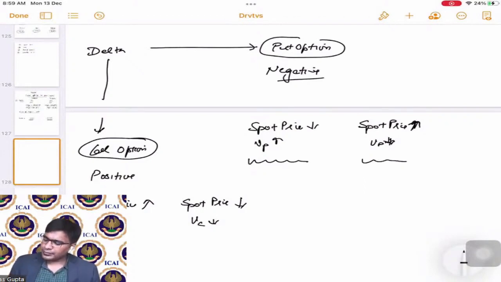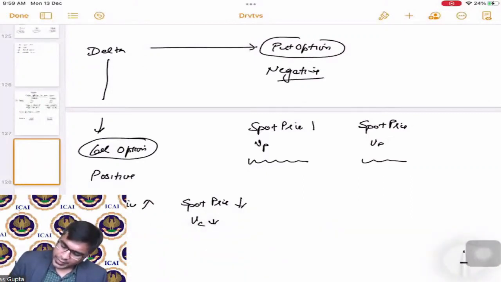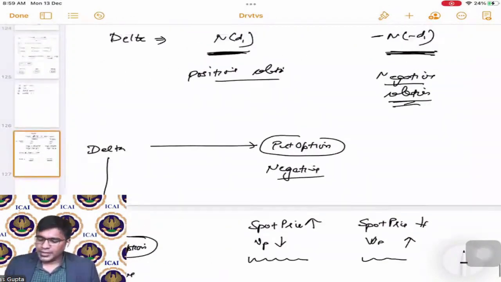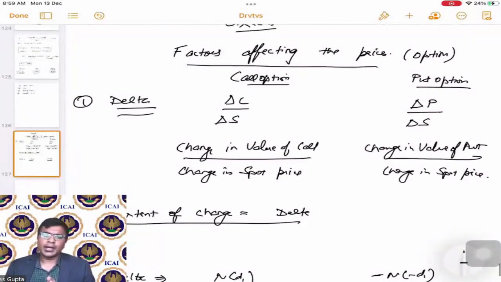Let me make the symbols pretty clear: spot price increases, the value of put decreases; spot price decreases, the value of put will increase. Since this relationship is established between delta and the value, let us go and see the next part in delta.